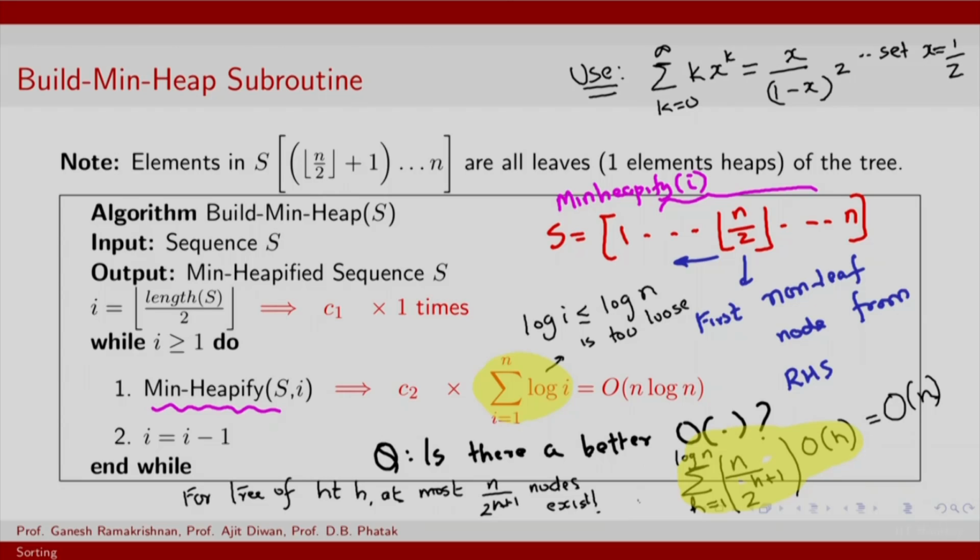So you can convince yourself that by setting x to the value half and using n here, well, in this total number of nodes, you can actually get the same expression. So this is order n.